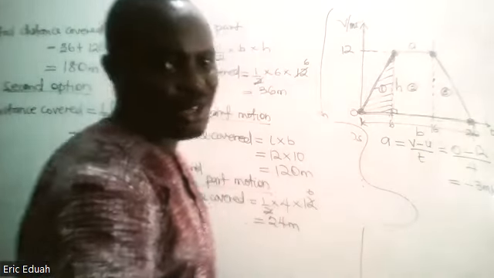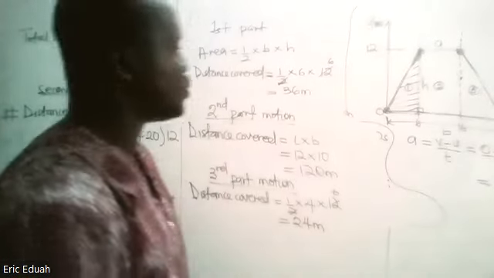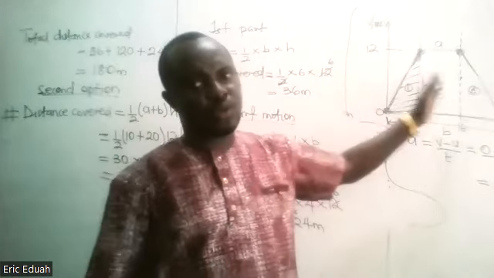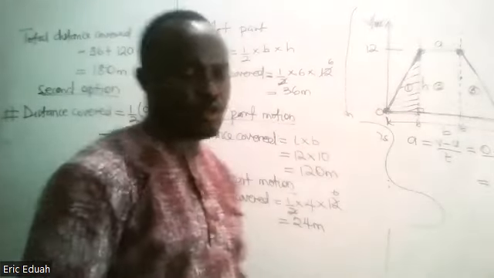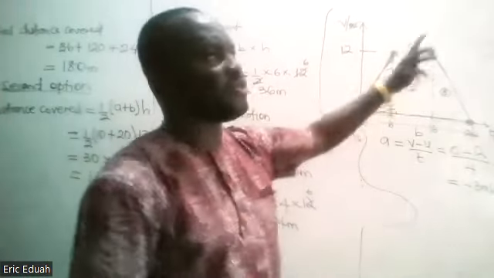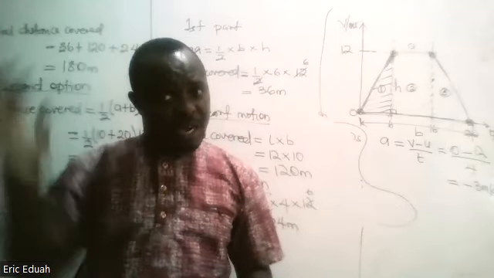So what we could deduce from here is that you can choose to segregate the whole journey into parts, find the distance covered in each part, and sum them up.